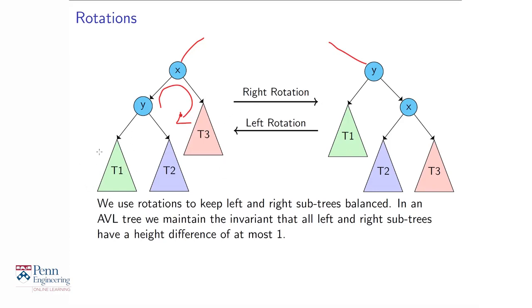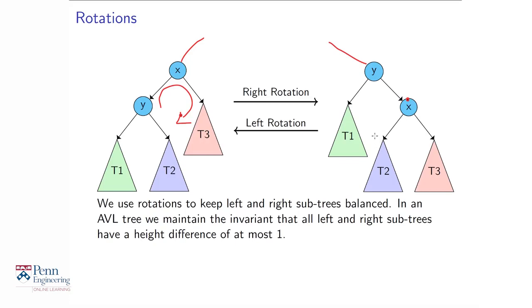We know that the keys in T1 are all less than y, which is less than x. So clearly T1 should be put in the left subtree of y. Now the keys in T2 are greater than y, but less than x. So they should be in the right subtree of y, but in the left subtree of x.